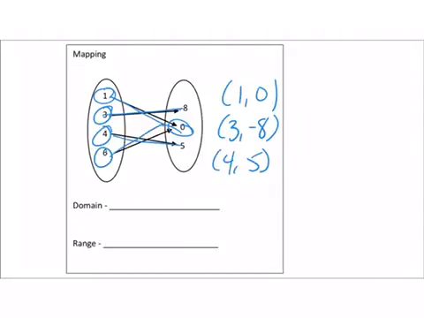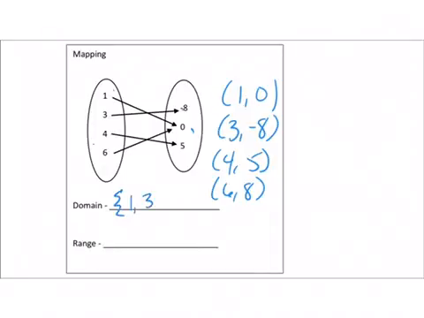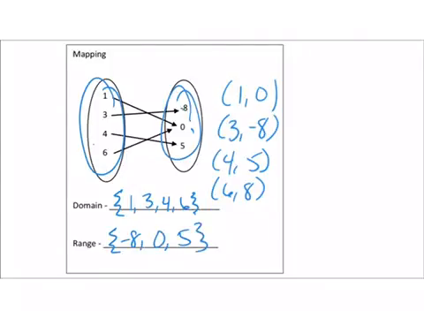And 6 goes with 8. So, in this case, our domain will be 1, 3, 4, and 6, as you can see there. And our range will be these three numbers, -8, 0, and 5.